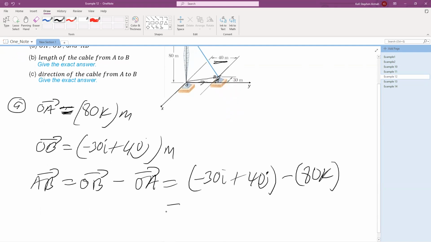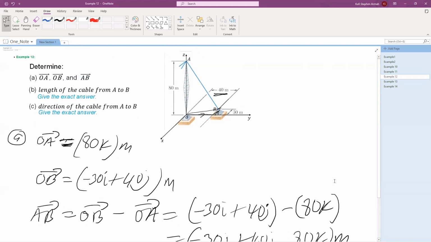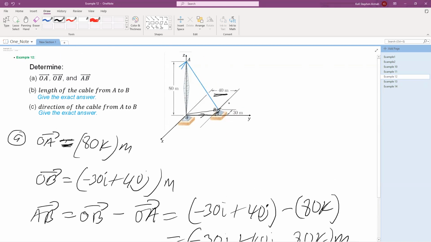Then it becomes one line: -30I plus 40J minus 80K, in meters. Cool. You don't even need to do it if you are given the picture. Later on, I'll do an example. I'm going to show you what to do.